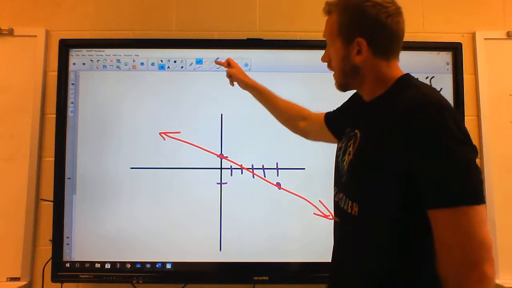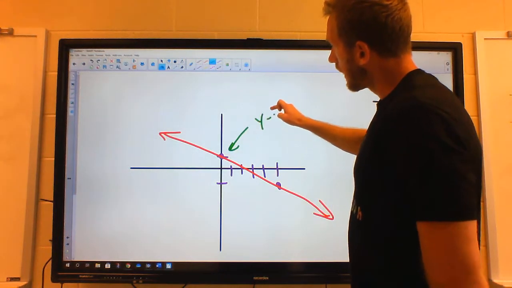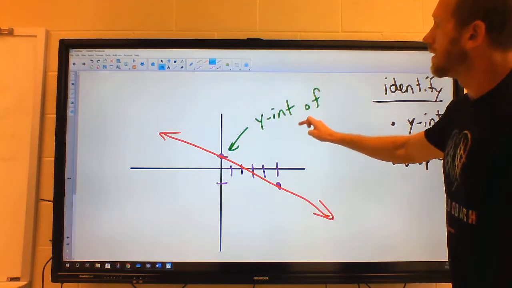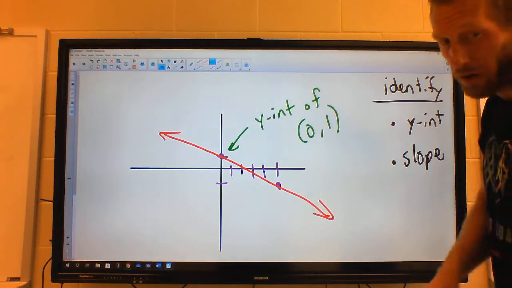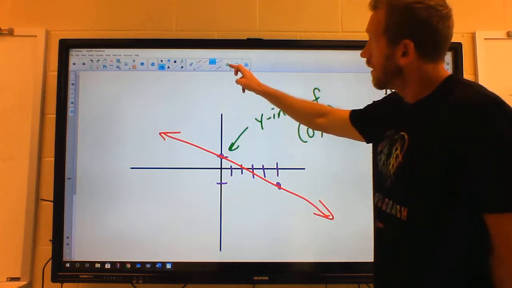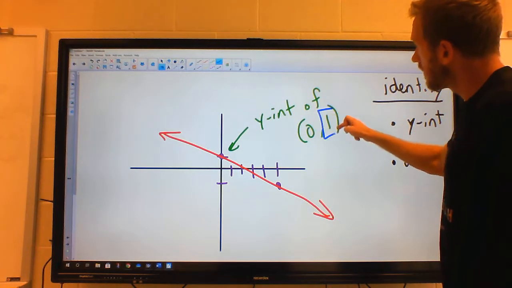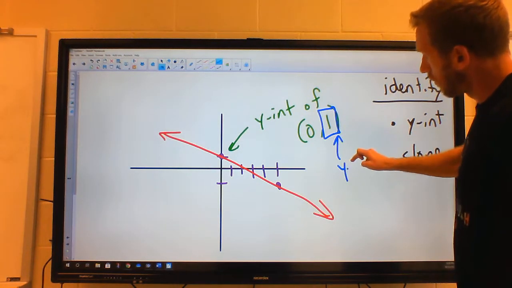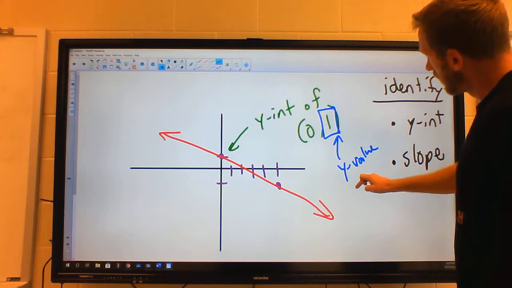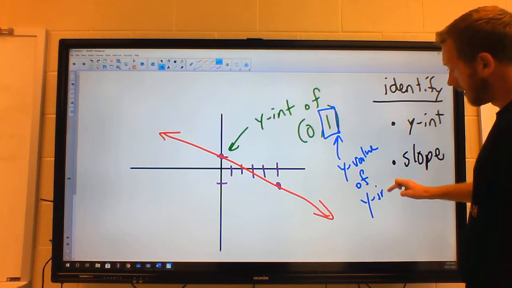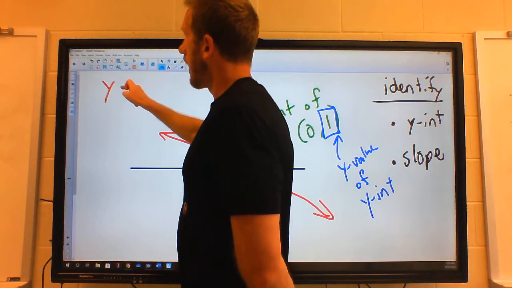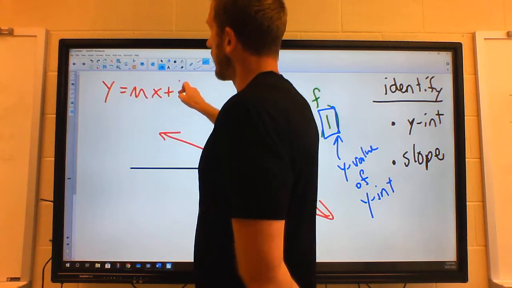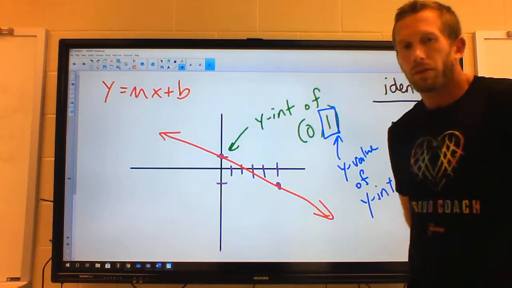Right? Well, here has a y-intercept of 0, 1, right? Y-intercept is a point, it's an ordered pair coordinate, that's the reason I did that. We care about this, which is the y value of the y-intercept, okay? So we would start with the equation y equals mx plus b, that's what we're starting with.